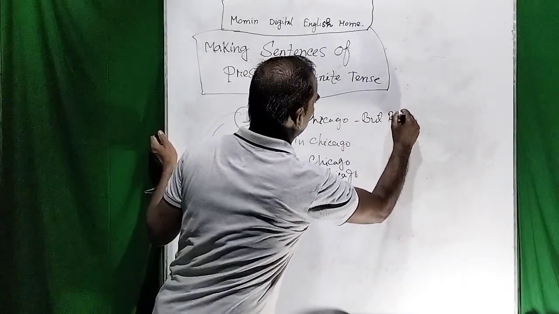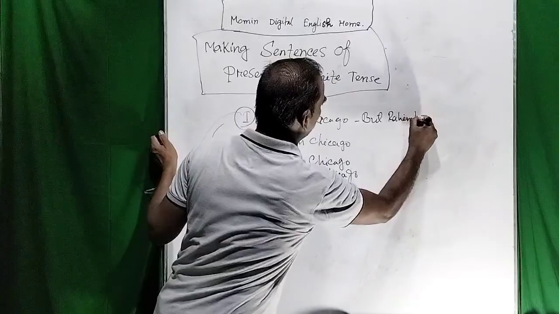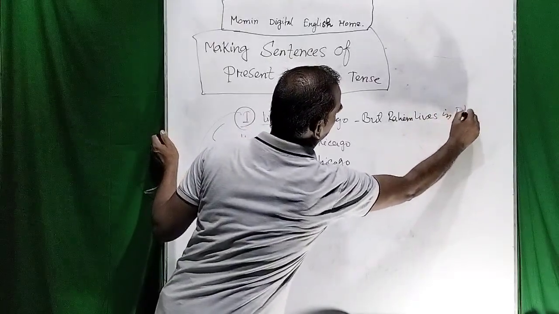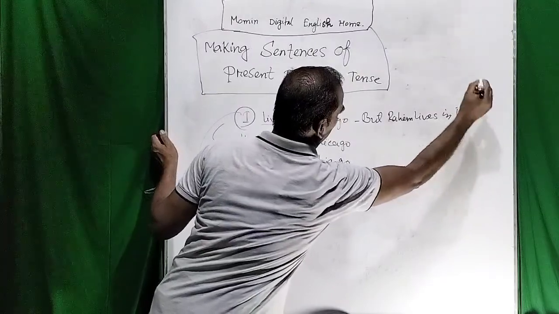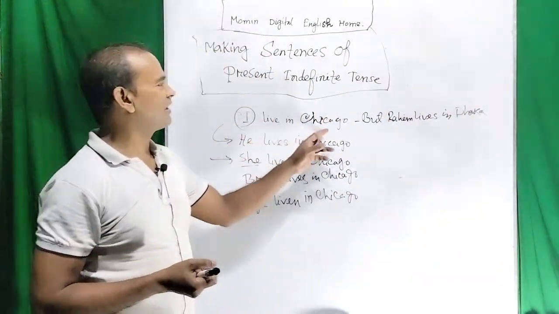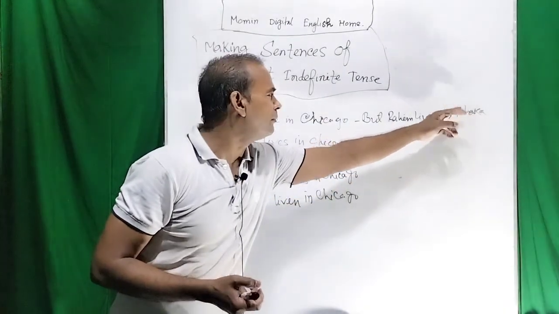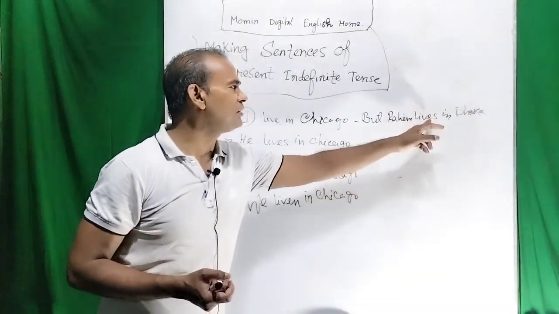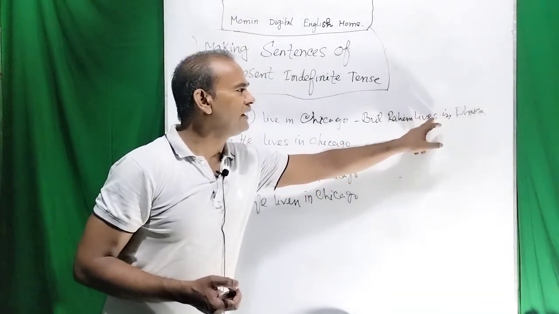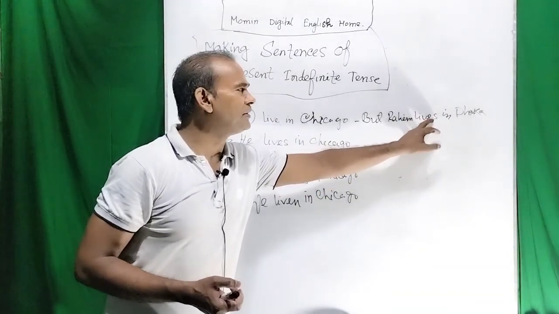Rohim lives in Dhaka. But Rohim lives in Dhaka. I live in Chicago, but Rohim lives in Dhaka, because Rohim is third person singular number. So the present form of the verb has taken s with it.